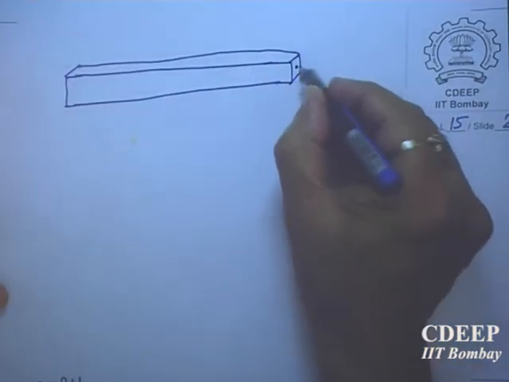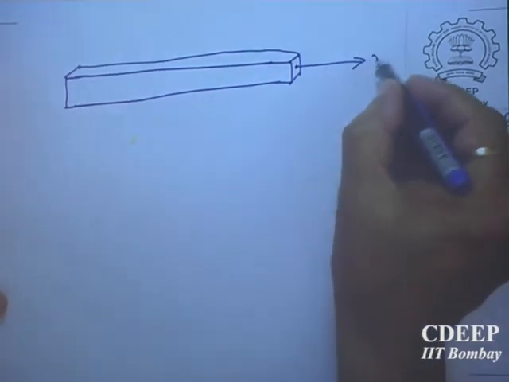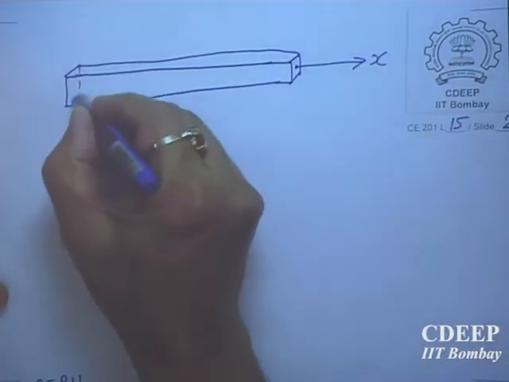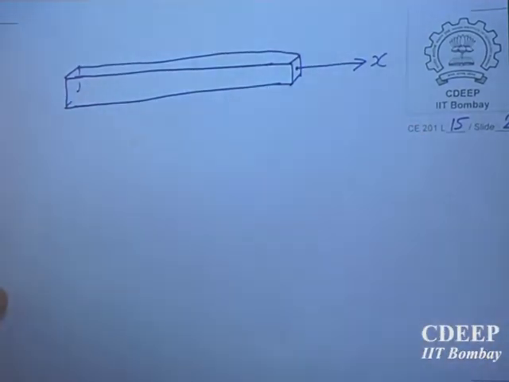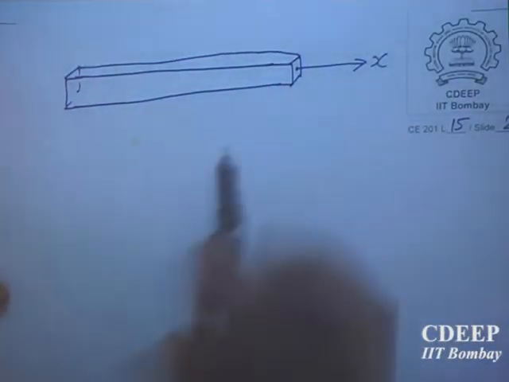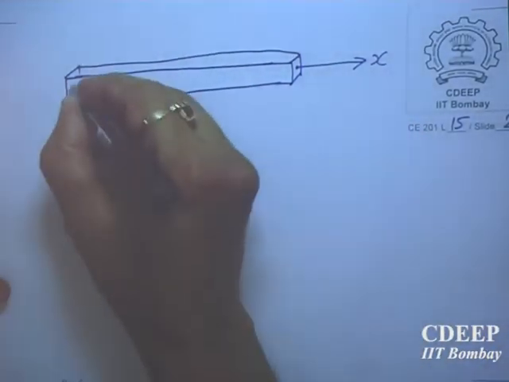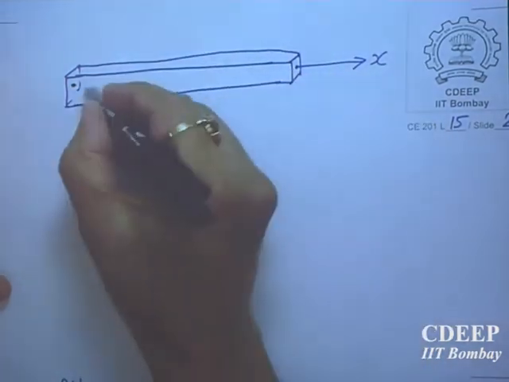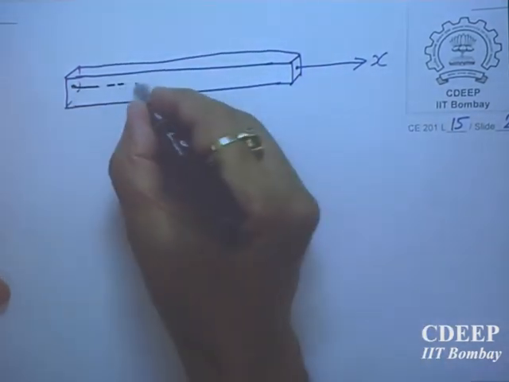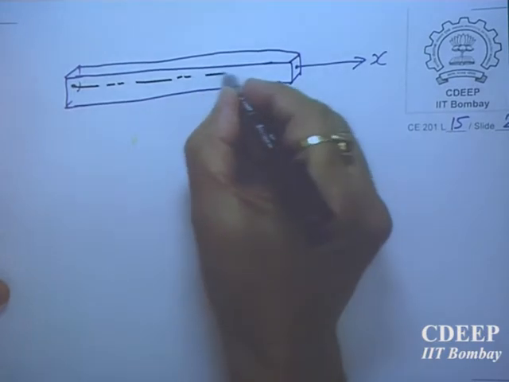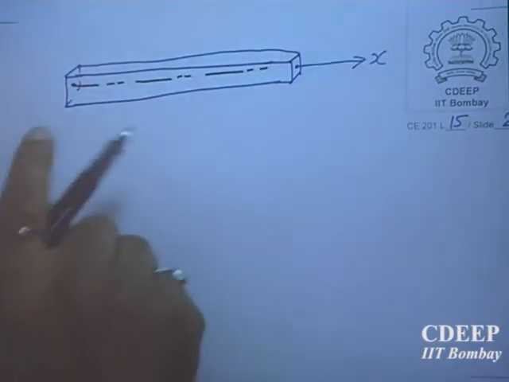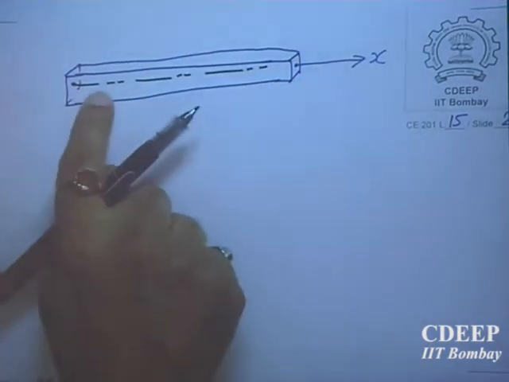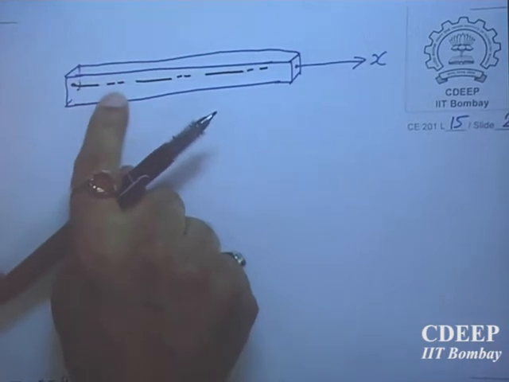and then this one is x axis. See, the center line is always drawn with a solid line and two broken lines.